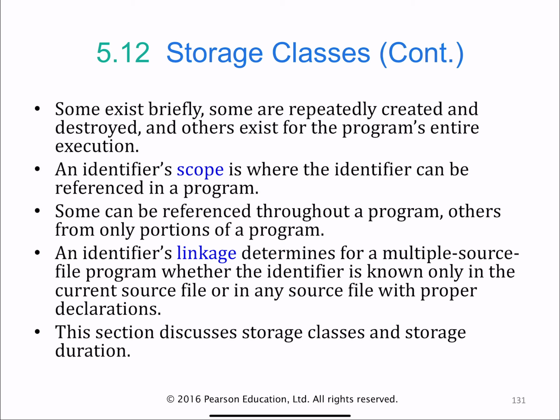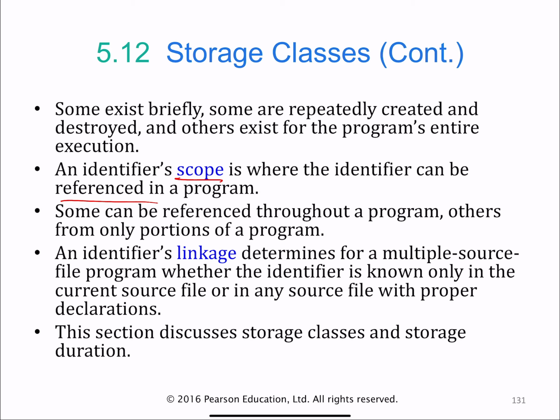Others may exist from the time that the program starts running all the way to when it terminates. A variable's, or more generally an identifier's, scope is the part of the code where the identifier can be referenced, can be seen in a sense.